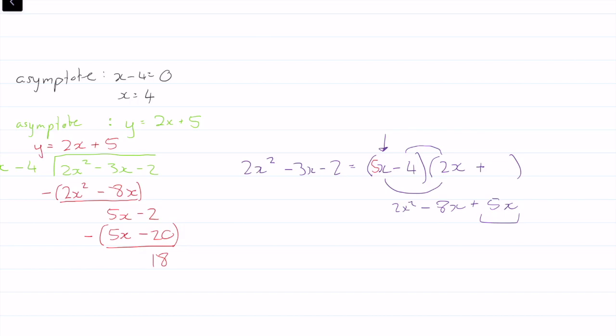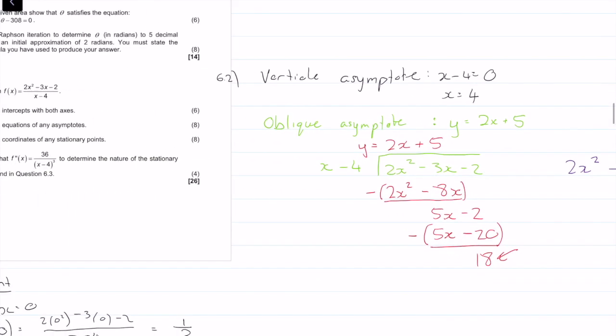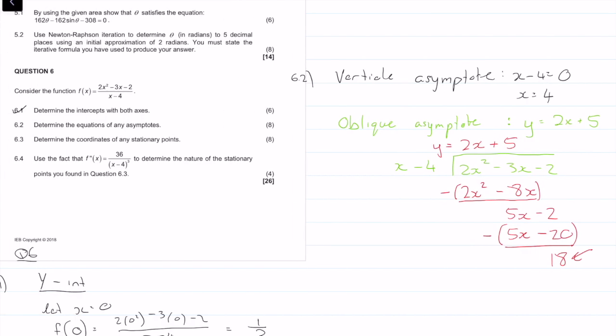But in this case what we have is x, so I need to multiply it by 5. There's going to be some remainder left over, but I don't care about the remainder, like I didn't care about it here. So my asymptote is this equation right here, y is equal to that. But to me, it's just much easier to use long division.